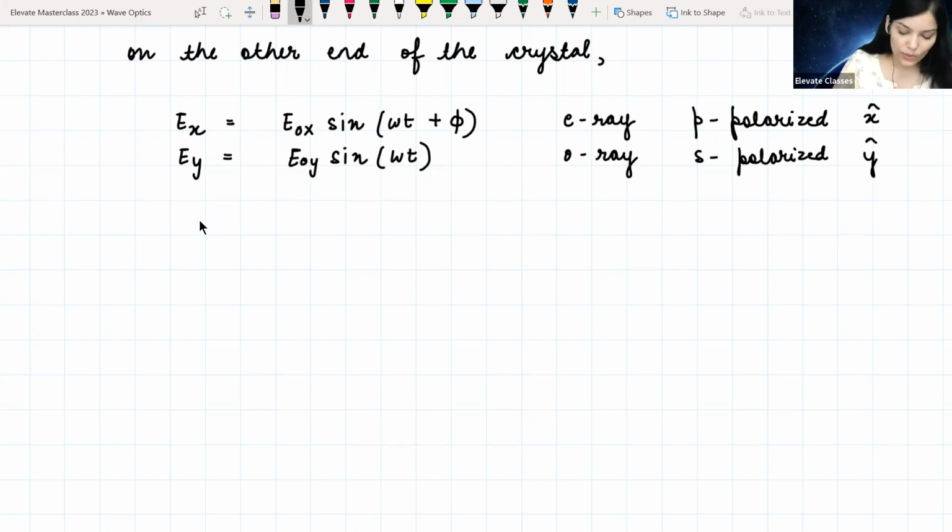So how will I find out the state of polarization? I will write the equation of ellipse, which gives me the general state of polarization. So then what is the state of polarization?